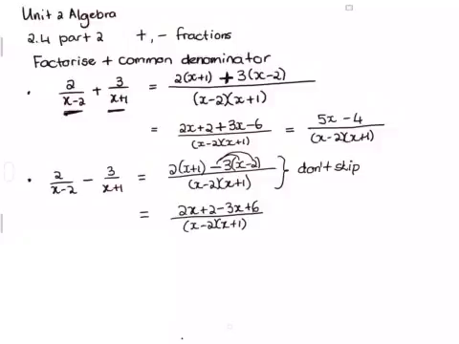Because otherwise you're going to have a problem and your plus 6 here is probably going to be a negative 6, which is wrong. Right, so for this one, the denominator also stays. Now I've got 2x, take away 3x, which is negative x, and I've got plus 2 plus 6, which is plus 8.